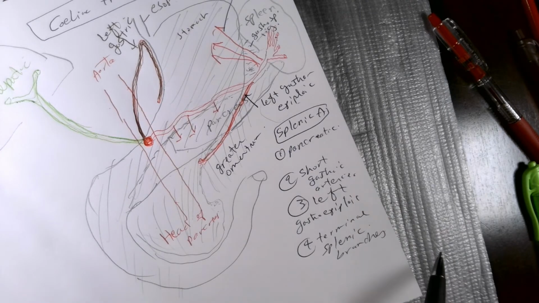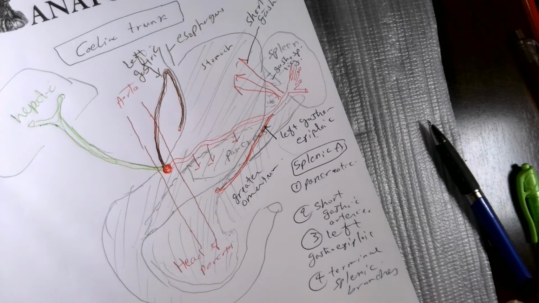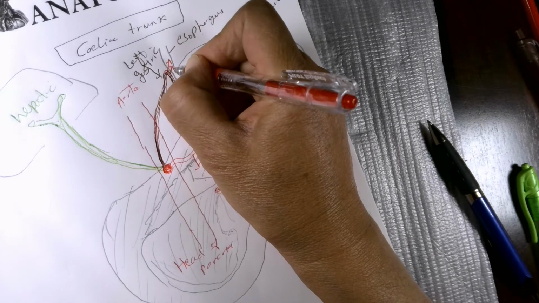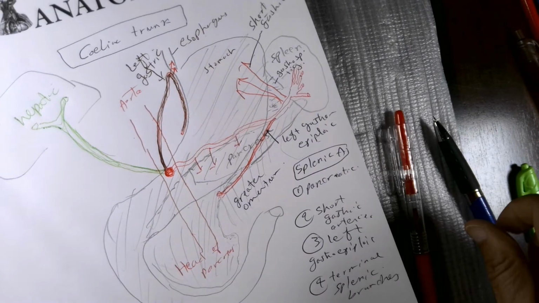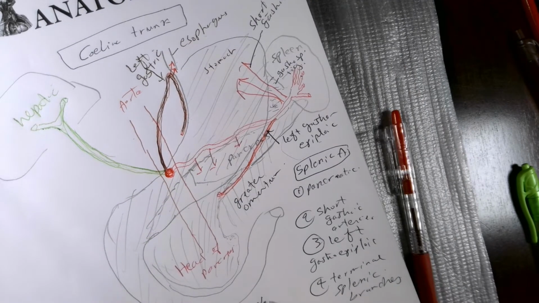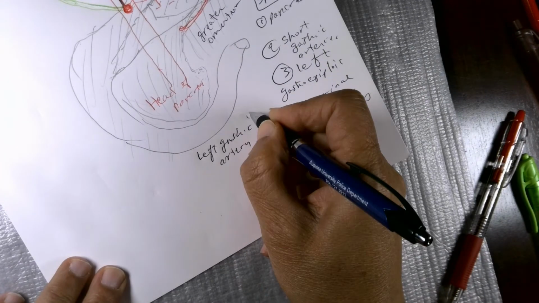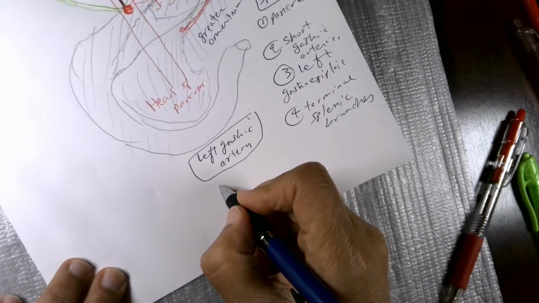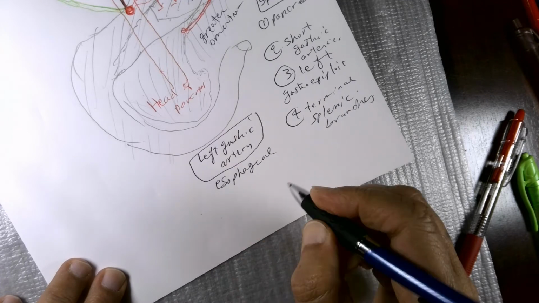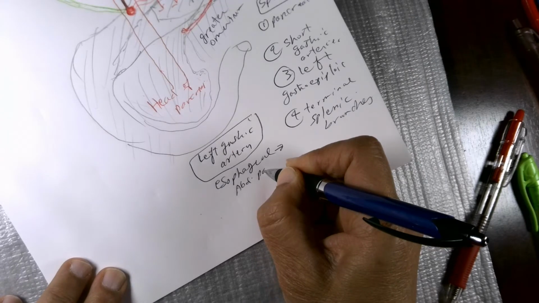Let us go to the left gastric artery. The left gastric artery is easy and simple. It is going to supply esophageal branches to the abdominal part of the esophagus. So here is the left gastric artery. What are the branches? The left gastric gives esophageal branches to the abdominal part of the esophagus.